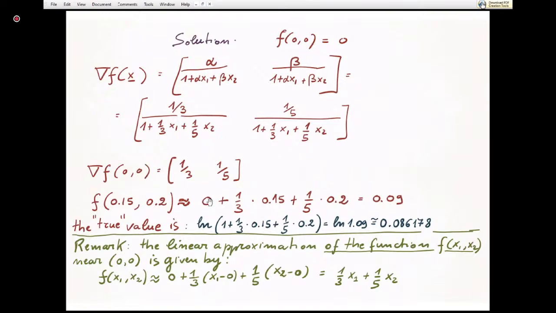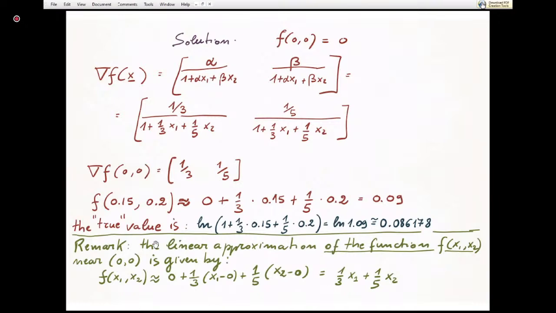Alternatively, you can move this 0 to the left and you have the differential, so the increment of the function. But this is 0, so the new value of the function is equal to 1/3 multiplied by the corresponding increment, plus 1/5 multiplied by the corresponding increment, which is 0.09.